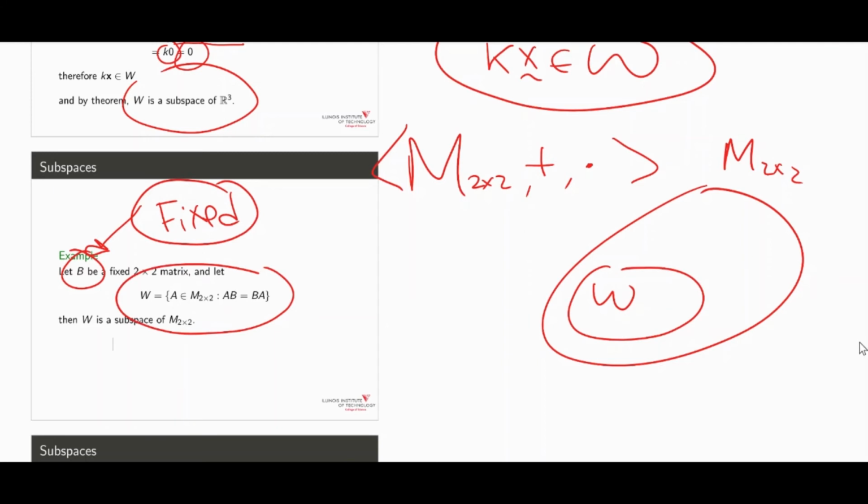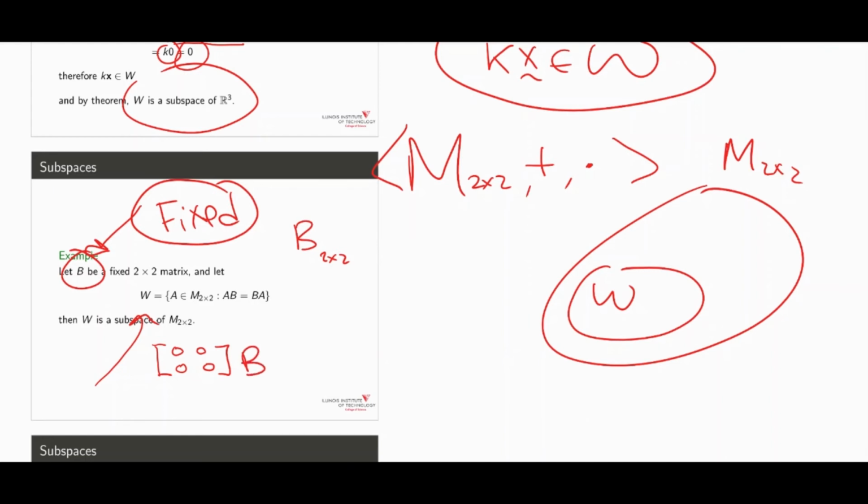So let's think about what type of elements are in W. I can tell you there are 2 very obvious elements that are in W. Think about it. Do you see that one of the elements in W is this? I don't care what that matrix B is. I only know that this matrix B is 2 by 2.